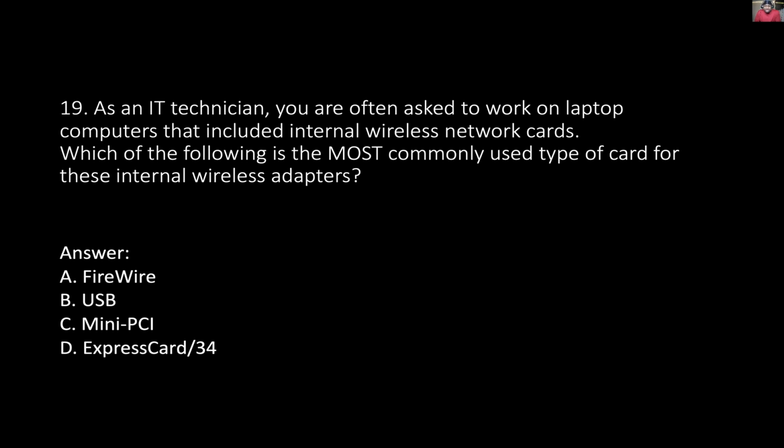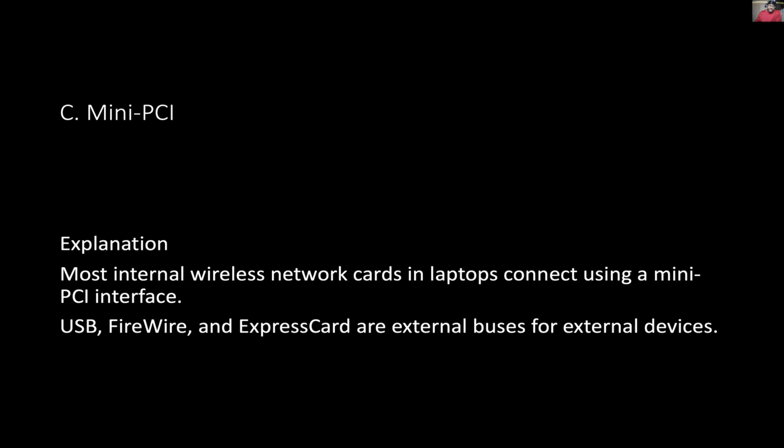But mini PCI. Yeah, I think C. So C, mini PCI. Explanation: most internal wireless network cards in laptops connect using a mini PCI interface. USB, FireWire, and Express cards are external buses for external devices.